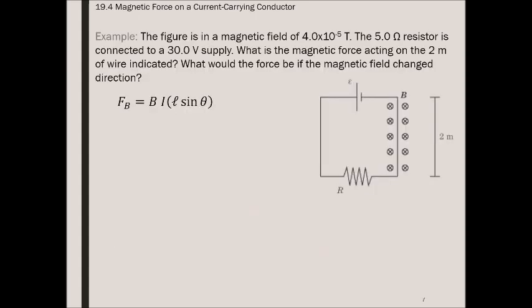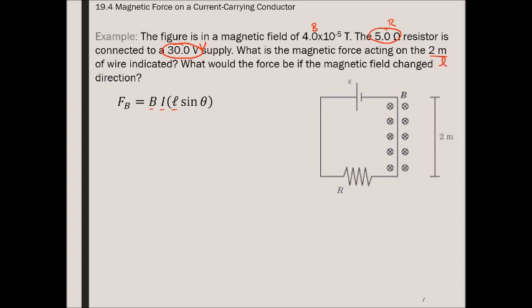So now let's apply that equation. We know that the force is equal to the magnetic field times the current times the length of the wire. Here the figure has a magnetic field just an order of magnitude less than the Earth's magnetic field. Then we have a 5 ohm resistor, that's R, and a voltage V, and we want to find the magnetic force acting on the 2 meters of wire.